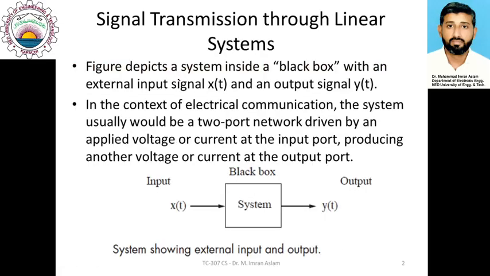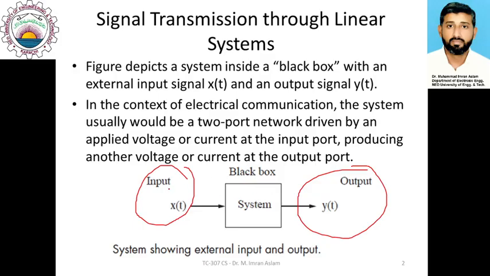Looking back at the system, of course, how we define the system, you should focus on that. The system is basically defined as something which is relating this input to the output signals. So basically the system should be defined in terms of these transformations.